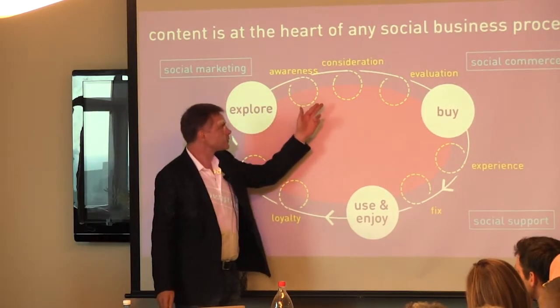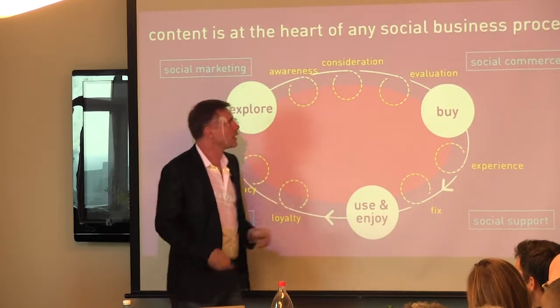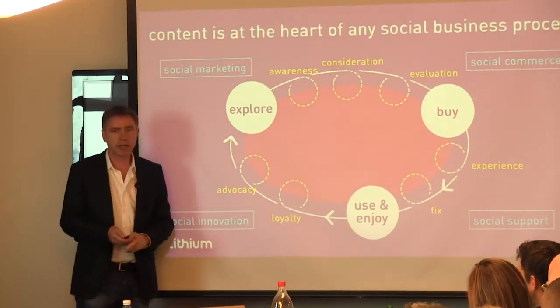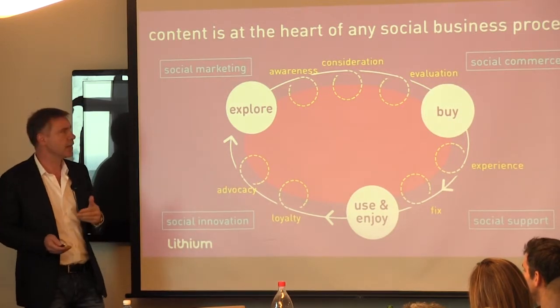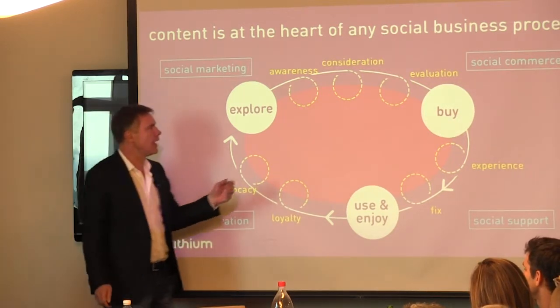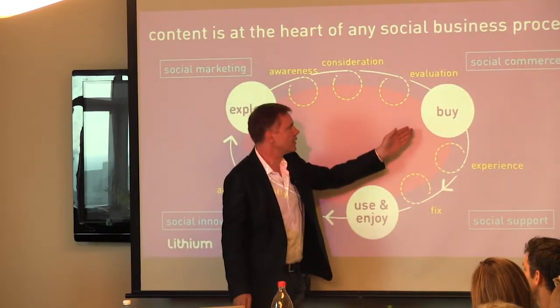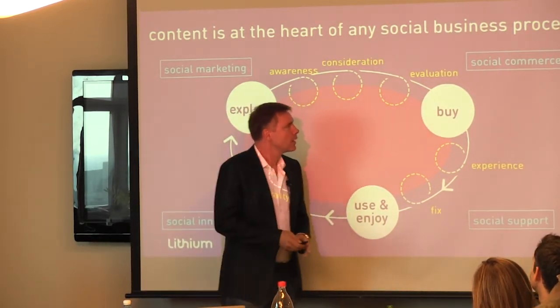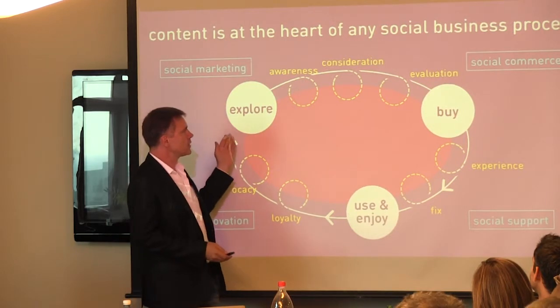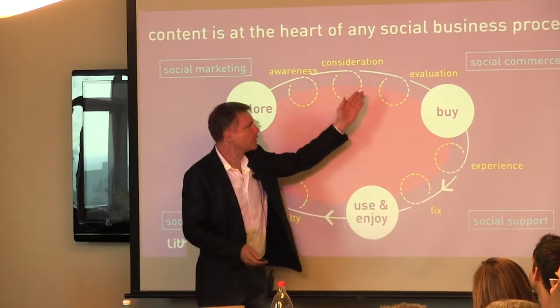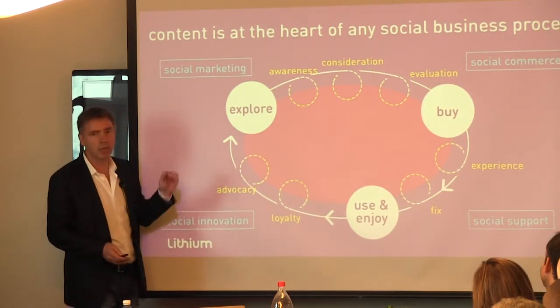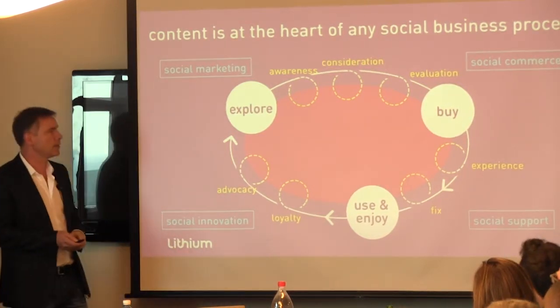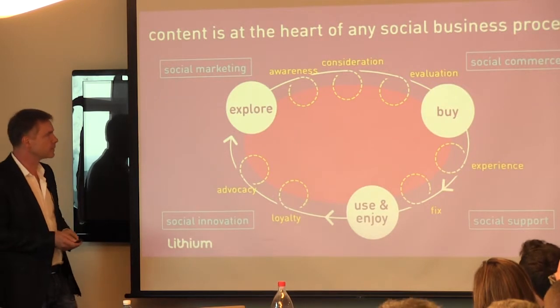It's about winning new prospects considering your products by having them, for example, looking at ratings and reviews to evaluate your products and then buy them. It's all about using social and user-generated content to support social marketing and social commerce, and I will give you some more detailed examples a little bit later.